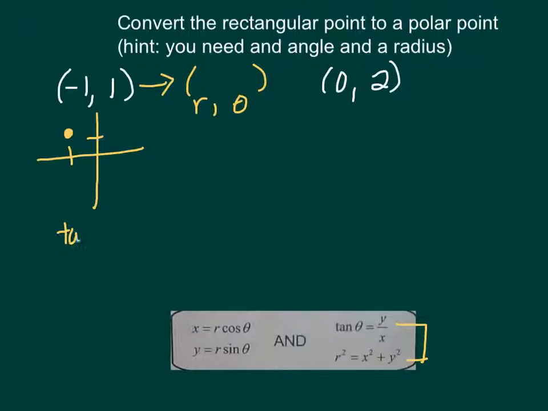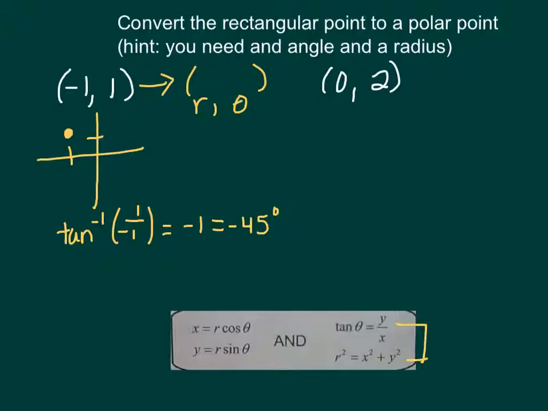If I'm looking at the tangent of the angle, I want the sine over the cosine. So what I'm looking for is the inverse tangent of -1. When I go into my calculator and check first that my mode is in degrees, the inverse tangent of -1 gives me a -45-degree angle.